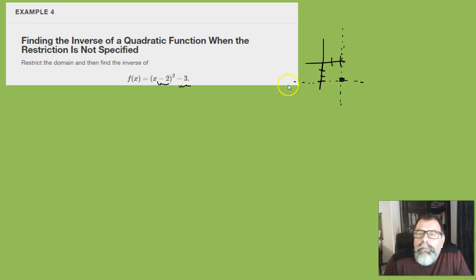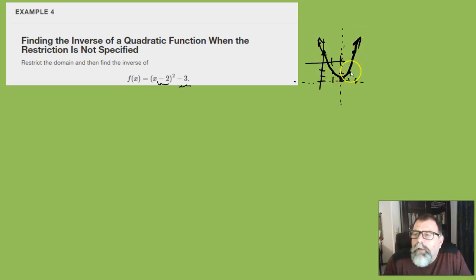And then this is just a basic x squared parabola. So counting from here, I'm going to do 1, 1, 2, 4. So that's 3, and then 4 would be up 1. And then I have my mirror image. And you can see that it's not 1 to 1. My graph's really bad here, but anyway.